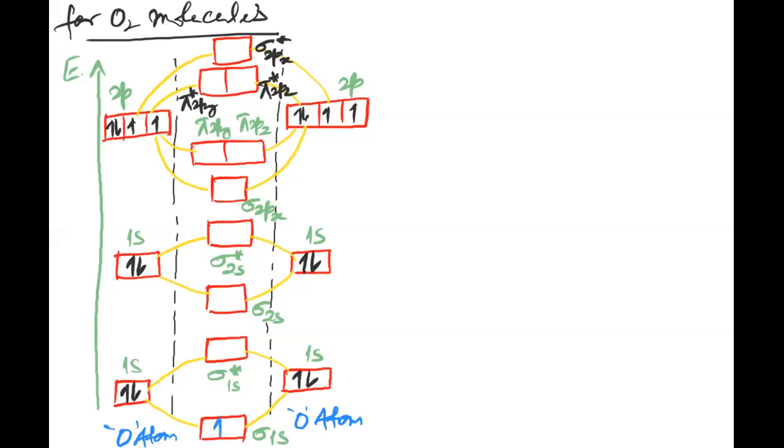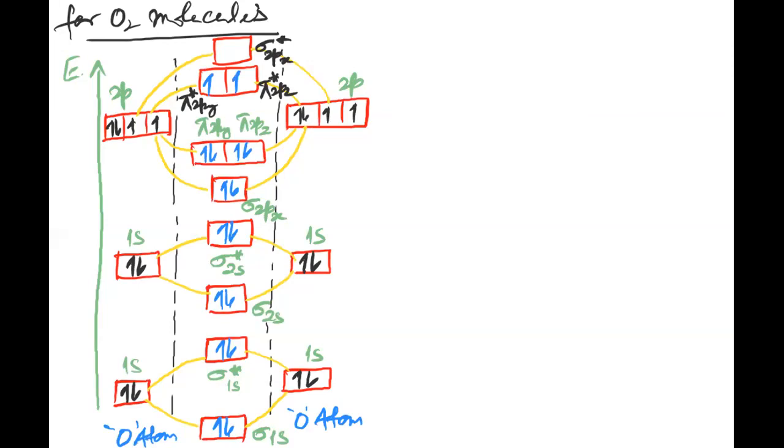Overall, O2 consists of 2 electrons in sigma 1s, 2 in sigma star 1s, 2 in sigma 2s, 2 in sigma star 2s, another 2, and another 2 electrons. So till now we have filled 14 electrons in O2. This may be the 15th electron and this may be the 16th electron.